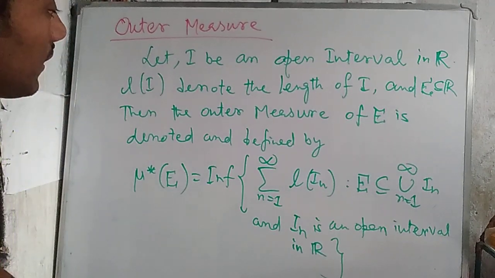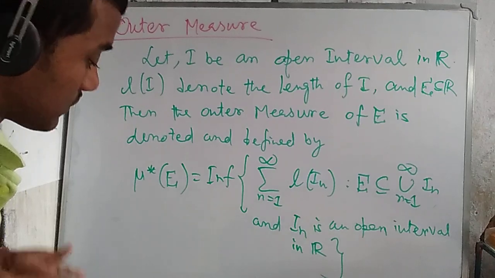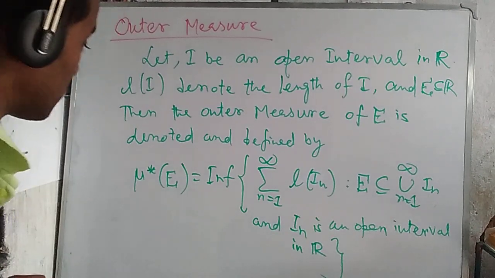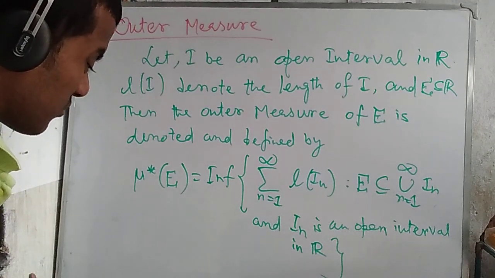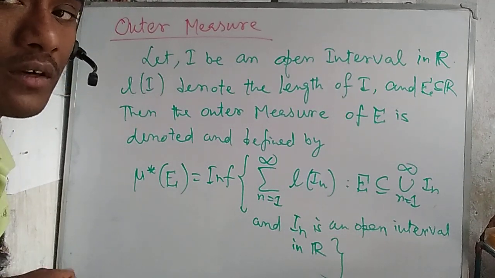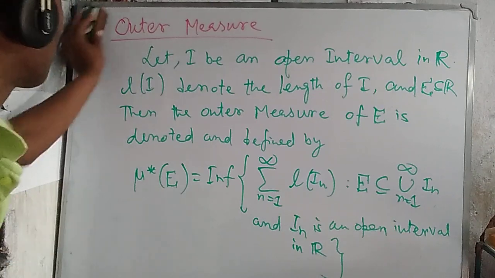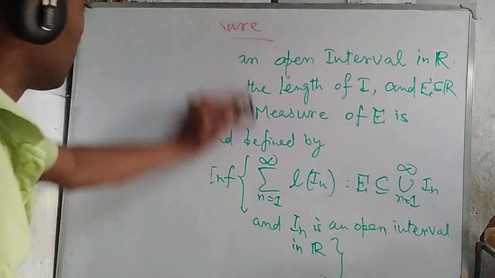So mu star satisfies some properties. We erase that portion and go on to further discussion.